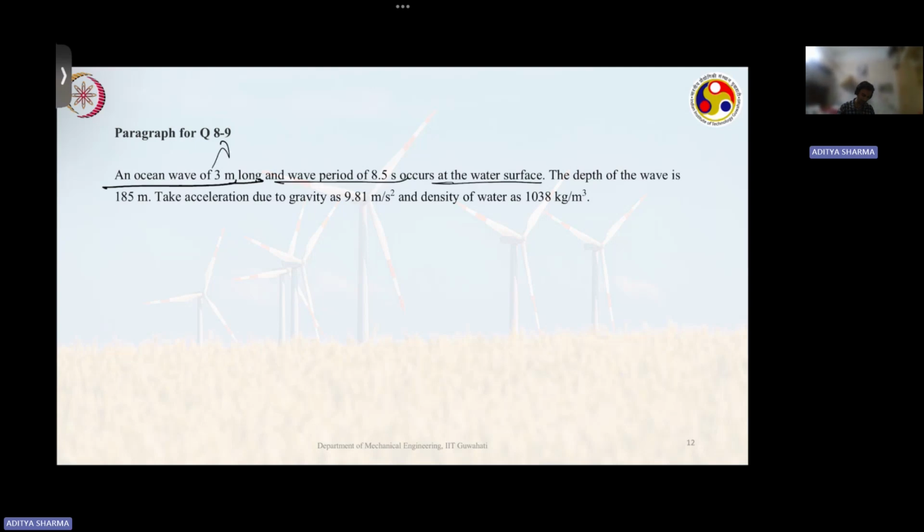This is your lambda, this is your tau. Depth of the wave is 185 meters. Depth of the wave basically is your amplitude, or height, the total height between your crest and trough.